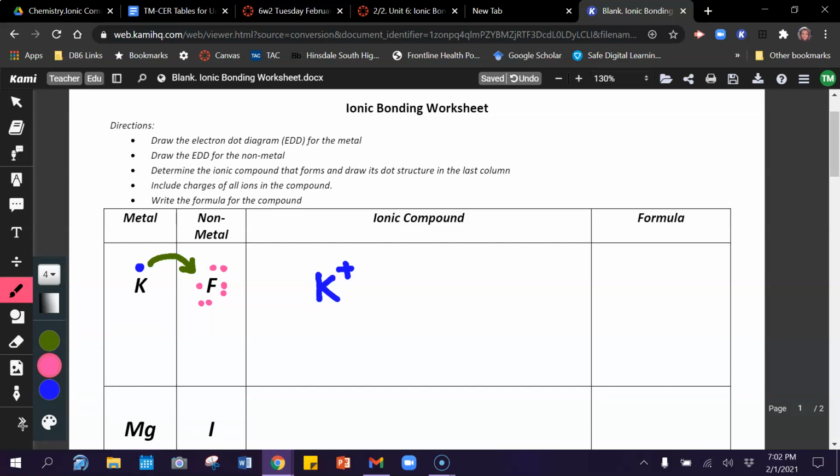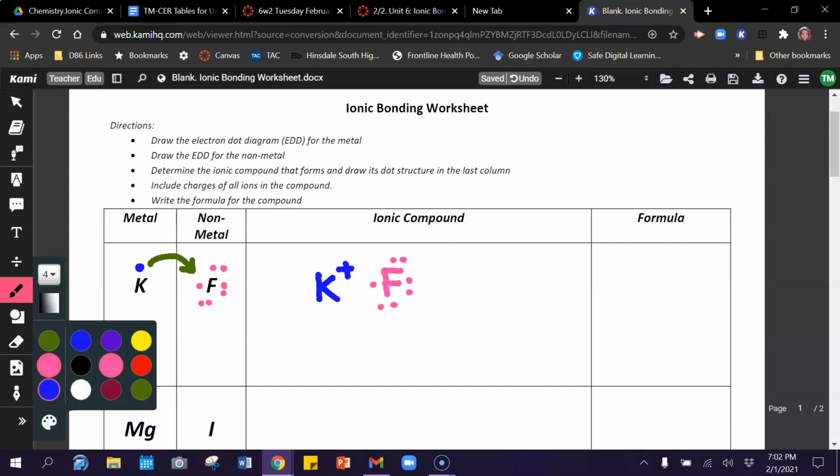So fluorine, I'm going to draw right next to it. There are fluorine's 7 valence electrons, and there is potassium's electron, or the electron that it got from potassium. And because fluorine gained an electron, added more negative charge to it, my fluorine is now negative.